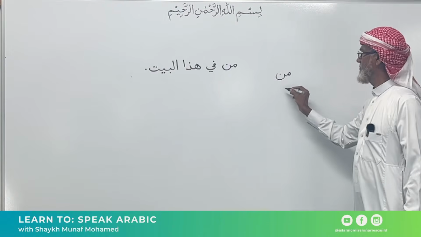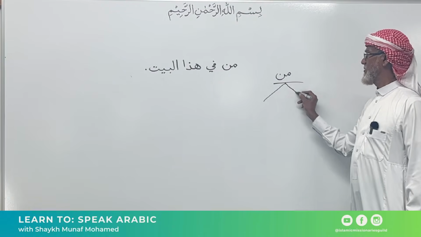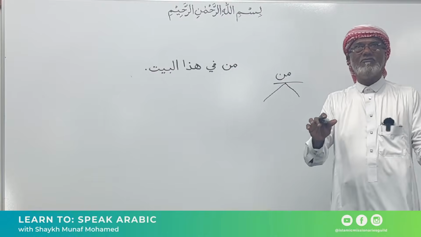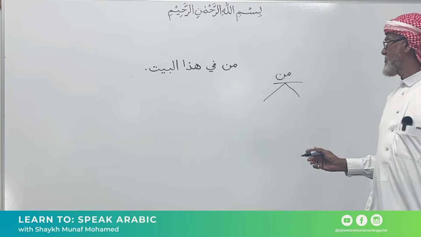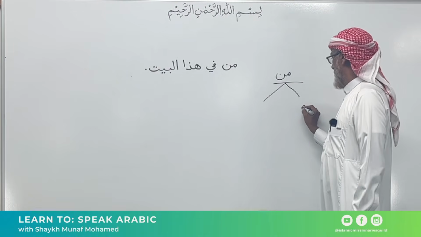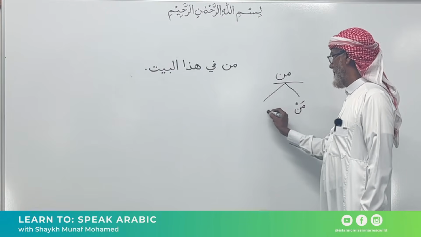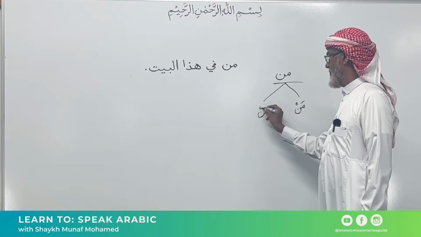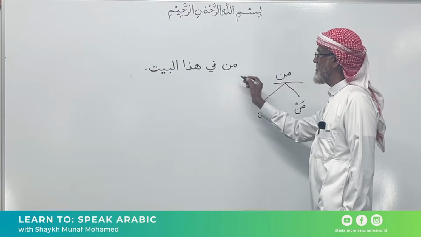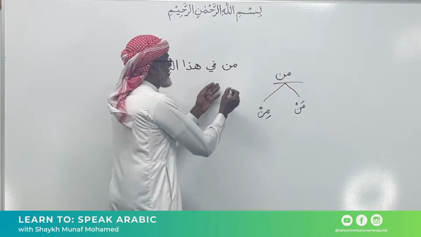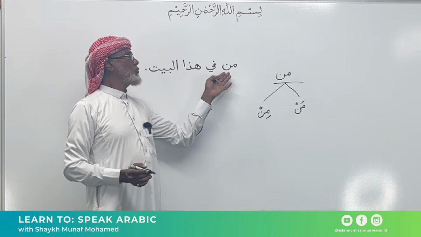So you have learned previously this word. This word here basically has, for you at this level, two combinations. What are they? Man and min. So this could either be man or it could be min, right? But which one are you going to use?